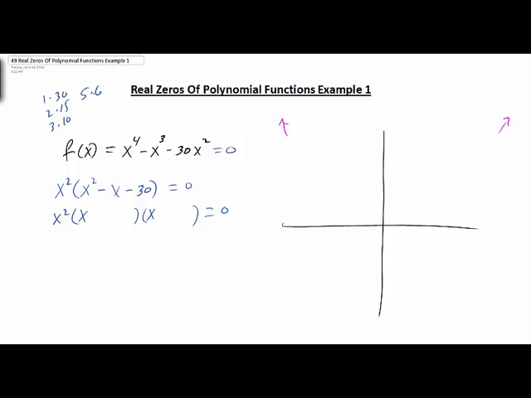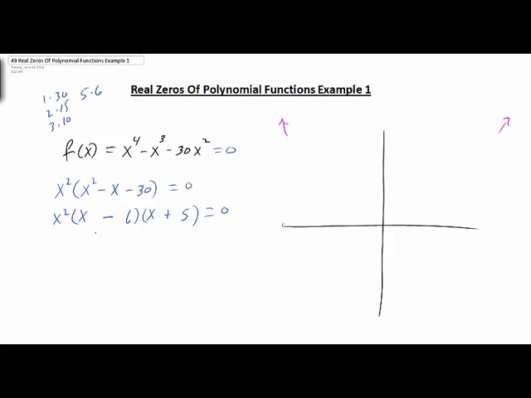So which combination is going to give us the negative 30, but also so that they add together and we get a negative 1x in the middle? Well, because we want a negative 1, I'm going to go with the 5 and the 6. So 6 times 5 is certainly going to give us 30. And because it's negative, one has to be positive, one has to be negative. Because we're looking for a negative 1x, the 6 has to be negative and the 5 will have to be positive. So now we have factored this completely.